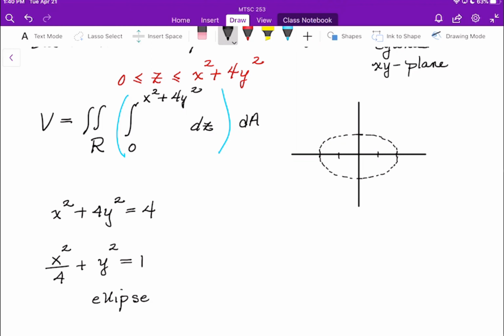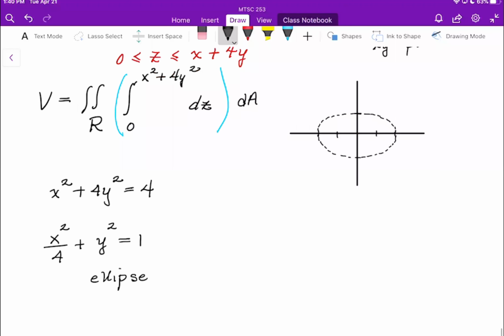We have to assume that the top half of the ellipse is y equal to the square root of 1 minus x squared over 4.